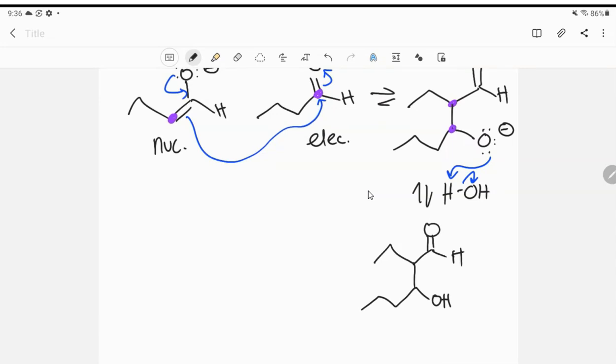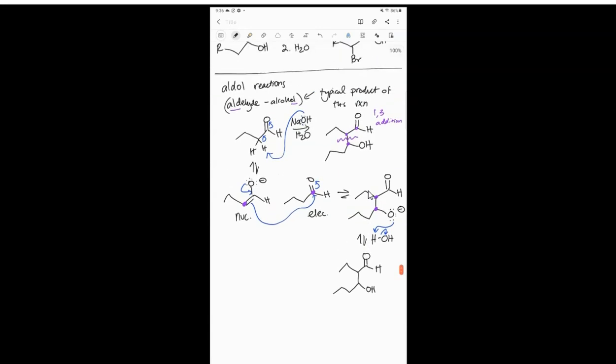So notice we had 4 carbons before, we now have 8 carbons in our aldol product, and we have an aldehyde and an alcohol. Let me go ahead and make this super big.